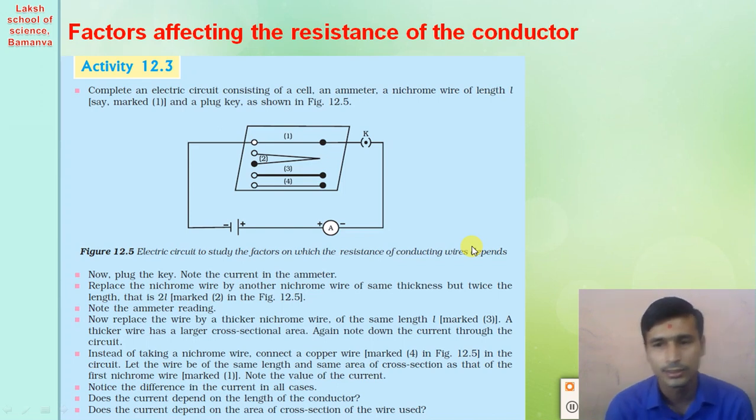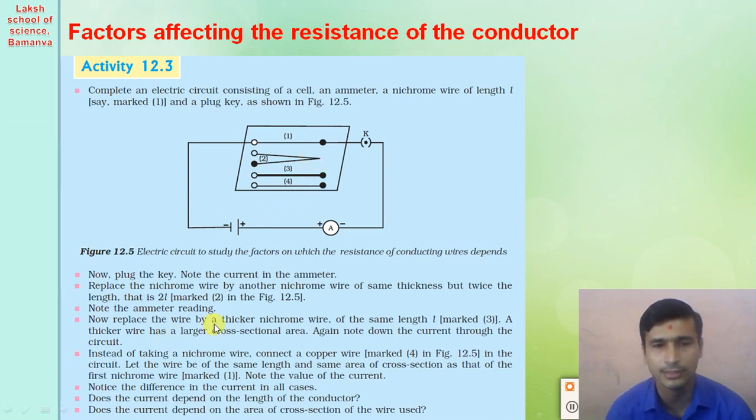So as the length of the nichrome wire is doubled, the current passing through the conductor is halved, and from that we can state that the resistance of the conductor increases, so the current decreases. So as we increase the length of the conductor, the resistance of the conductor increases, so the electric current passing through the conductor decreases.